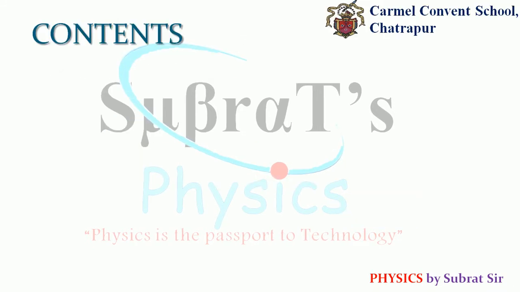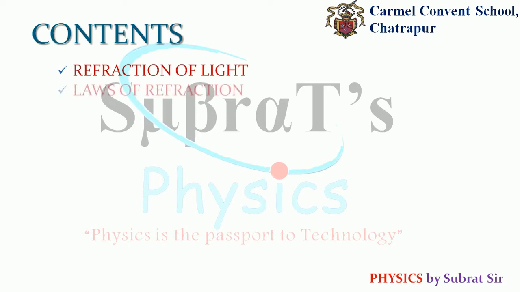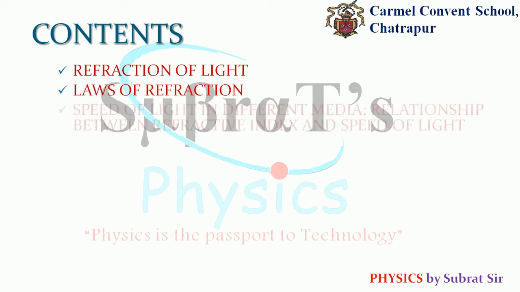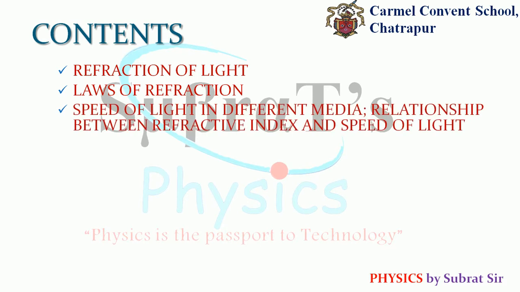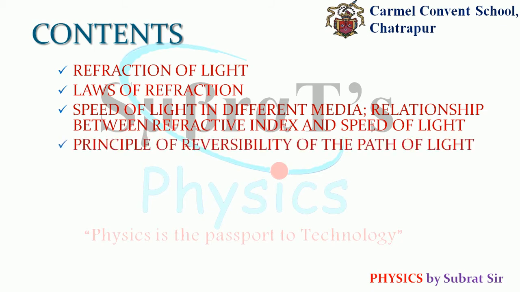The contents in this chapter are refraction of light, laws of refraction, speed of light in different media and the relationship between refractive index and speed of light. Then we have the principle of reversibility of the path of light.